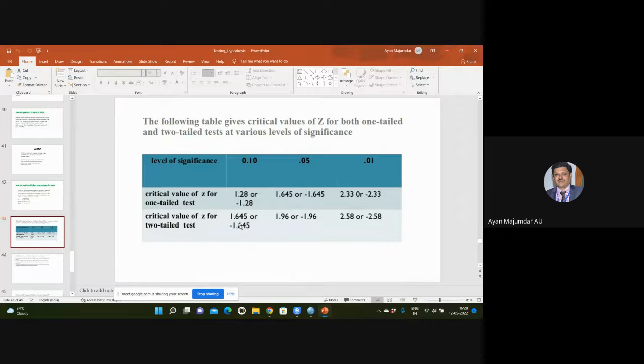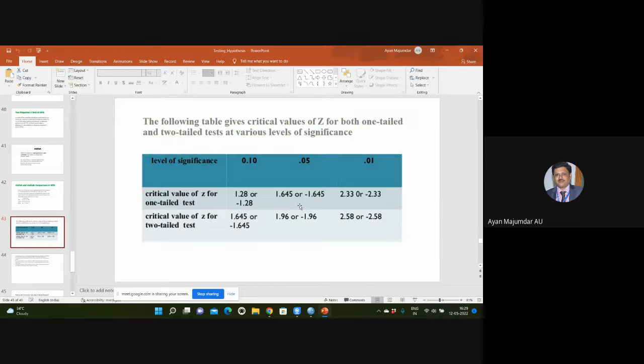We were doing it at the 5% level of significance, and the one-tailed Z value is minus 1.645.